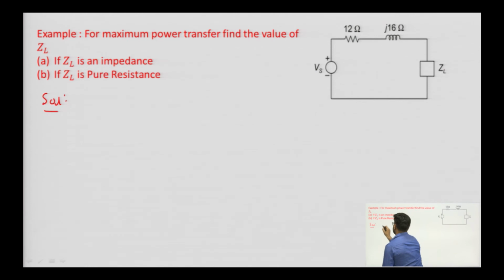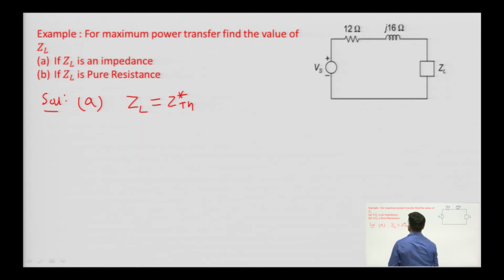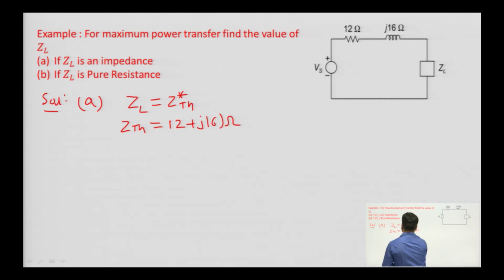If we see its solution, if Z L is an impedance, in that case this will be the second case, in which Z L must be equal to Z T H conjugate. Z T H we have, you can see from the circuit, is 12 plus J 16 ohm.